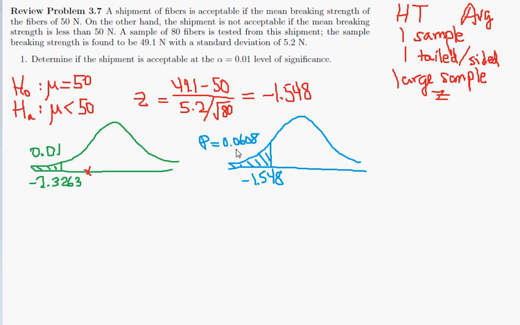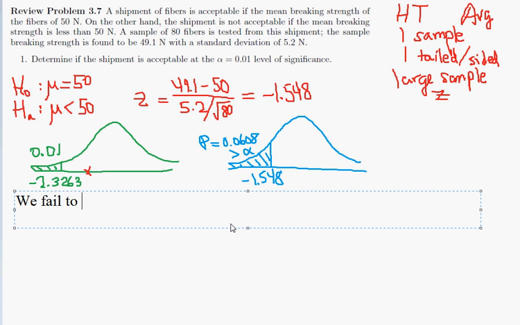And so that number is greater than our value of alpha, and so we fail to reject the null hypothesis. Or we can say that the test statistic is not in the rejection region, so we fail to reject the null hypothesis. So either way, our conclusion is that we fail to reject the null hypothesis.